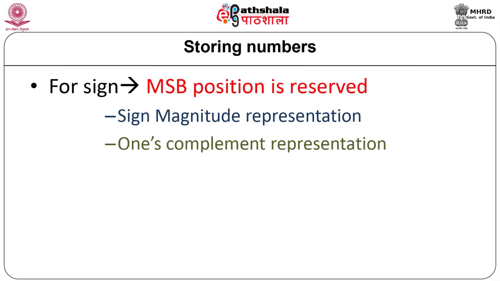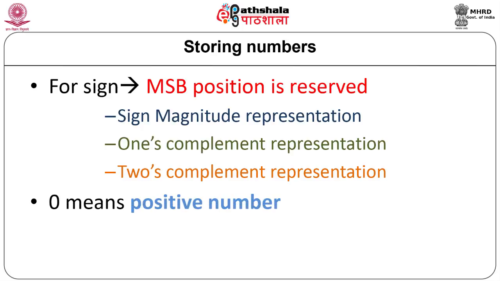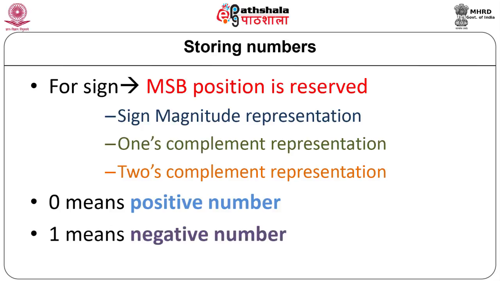For storing the sign of the binary number, one bit is reserved at the MSB position, depending on whether it is sign magnitude representation, 1's complement representation or 2's complement representation. If the bit value is 0, the number is positive, and 1 means a negative number.